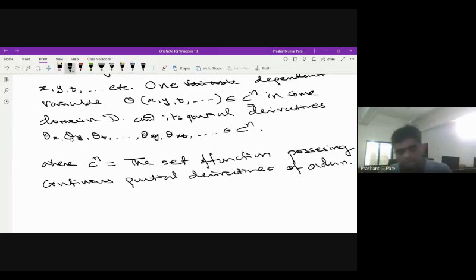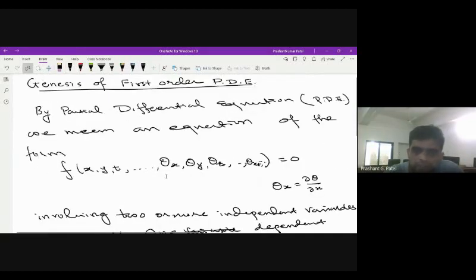So a PDE is a relation between the dependent variable theta and some of its partial derivatives at any given point x, y, z, or x, y, t, and so on. In general the partial derivative is represented in this manner.